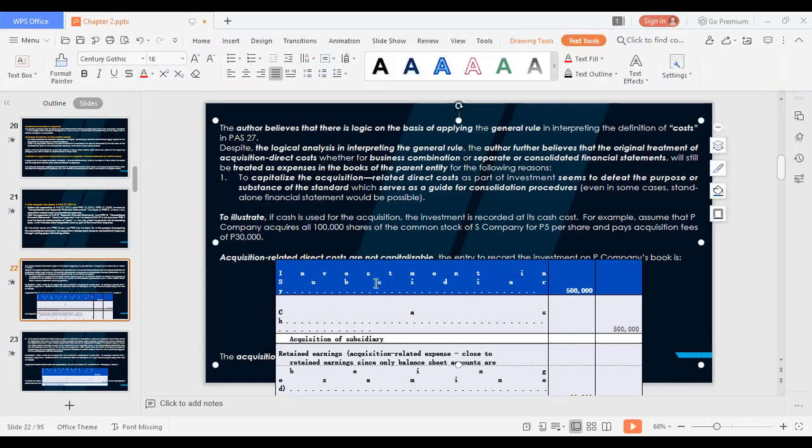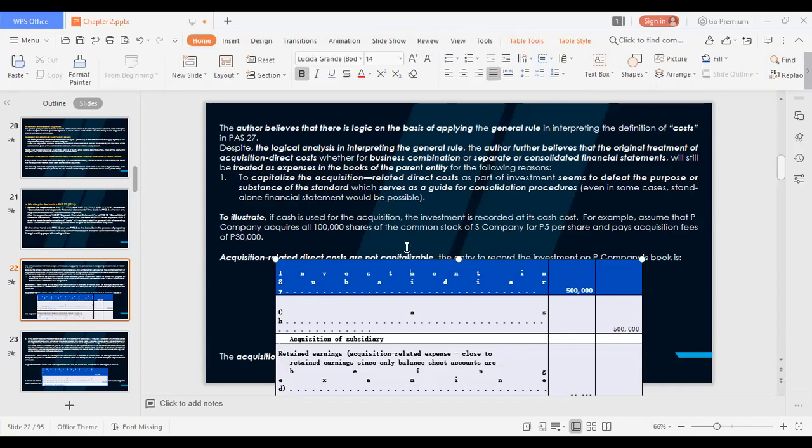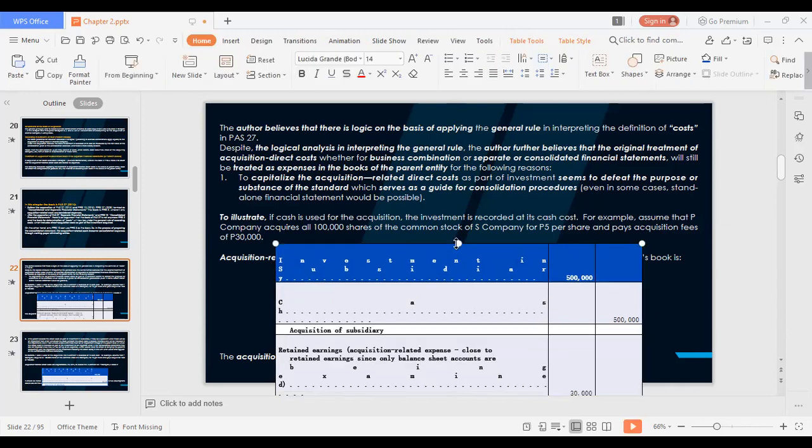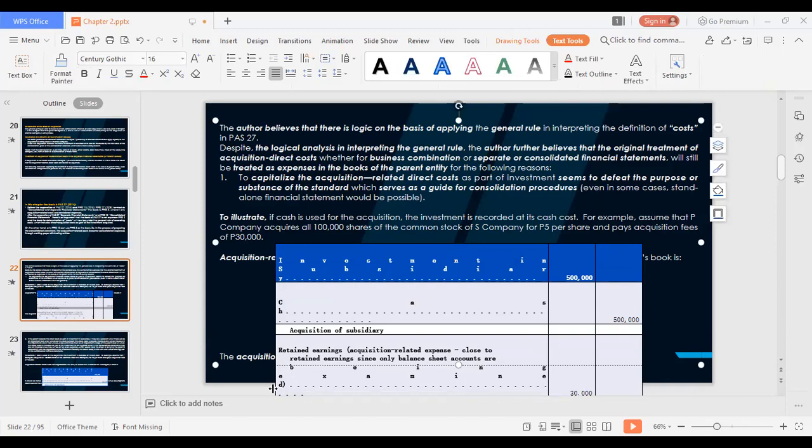And now we have the investment for 500,000 and at the same time a credit to cash for 500,000.